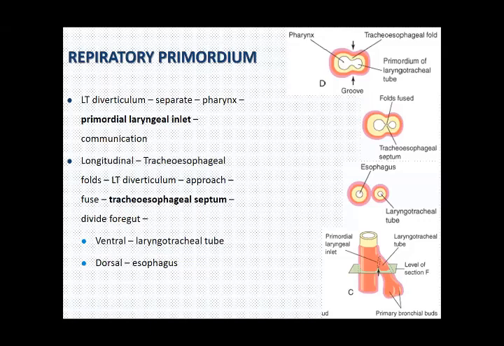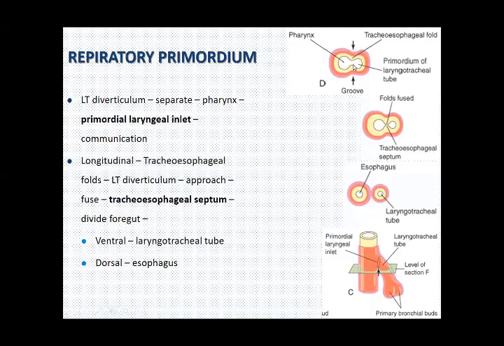So I repeat once again, the common opening between the foregut and the laryngotracheal tube, that इस opening में folds appear करते हैं, इनको हम laryngotracheal folds कहते हैं.